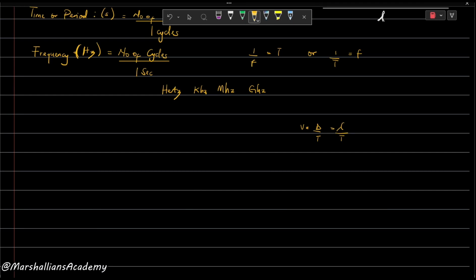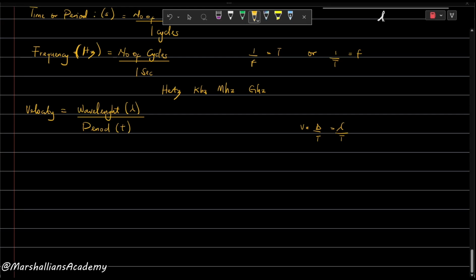So we can say the velocity of a wave is equals to the wavelength, lambda, divided by the period, time. Does that make sense?